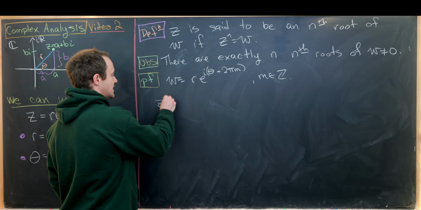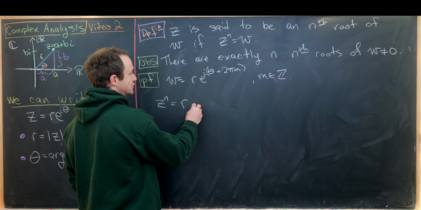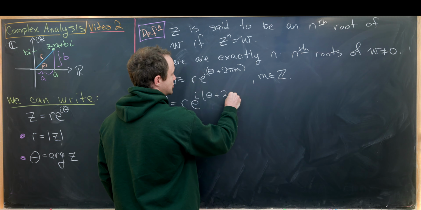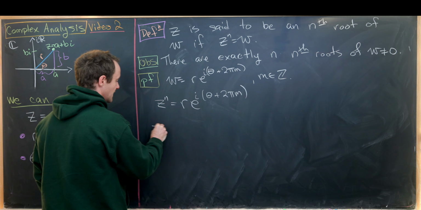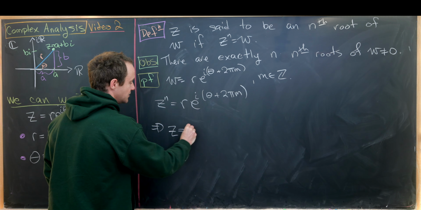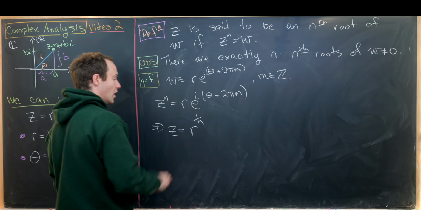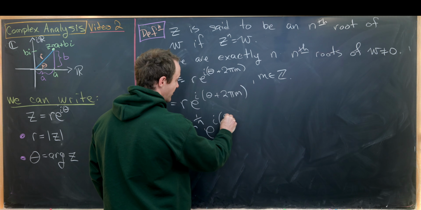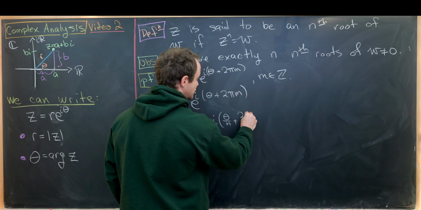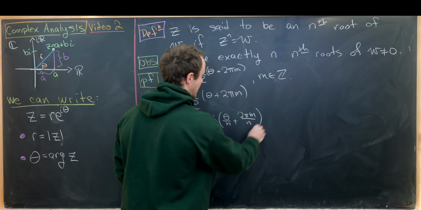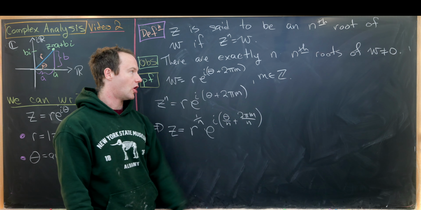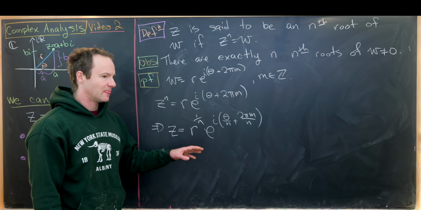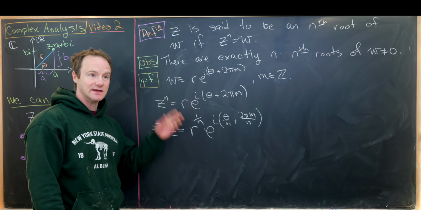So now notice if we have z to the n is equal to r e to the i theta plus 2 pi times m, then that means that z could be taken to be r to the 1 over n times e to the i theta over n plus 2 pi m over n. Now, instead of taking all integers m, I'll only take the integers that will give us distinct numbers.